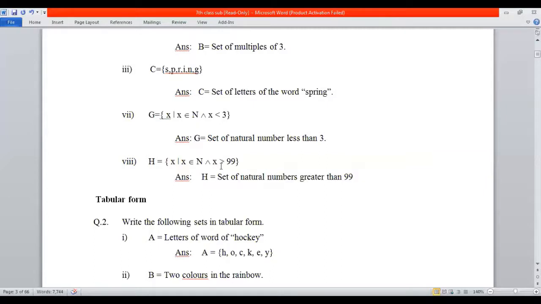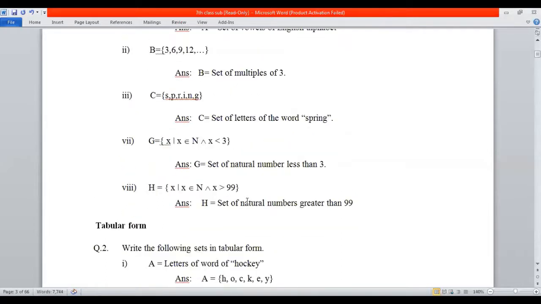So X is greater than 99. What information is given in this set? That the elements belong to the set of natural numbers, and these elements are greater than 99. So how can we write it in descriptive form? Set of natural numbers greater than 99.